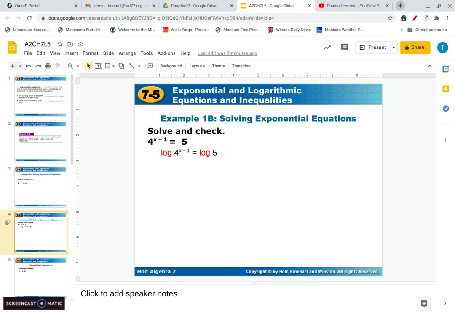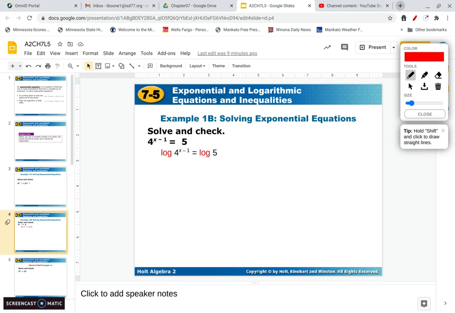Now this is a case where our base on this one is 4, the other one is 5 to the first. So we really can't get the same base. What we're going to do is take the log of both sides. And like I mentioned in the previous section, one of the great things about the log property is if it's raised to an exponent, we can take that out front. x minus 1 times the log of 4 equals the log of 5.